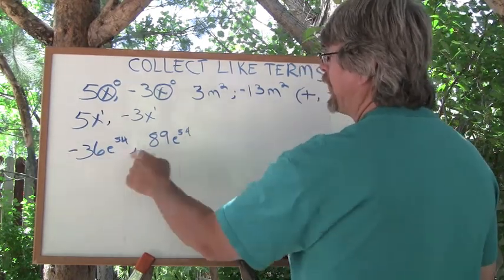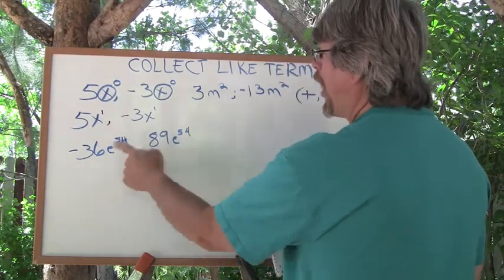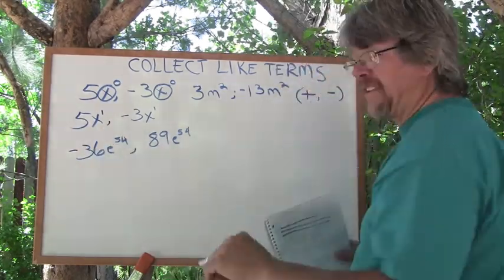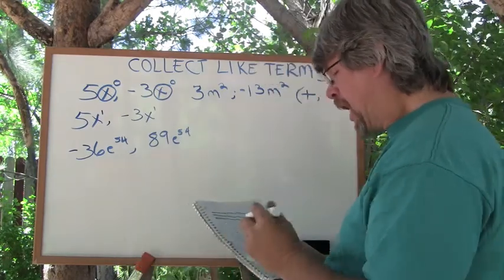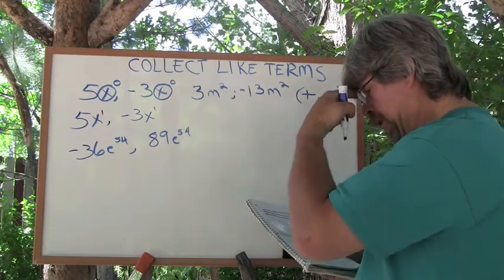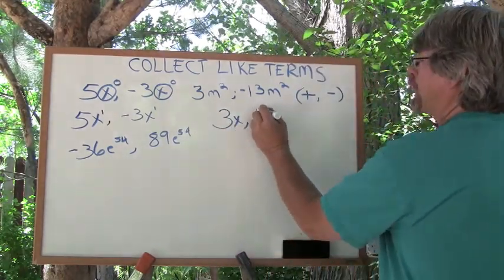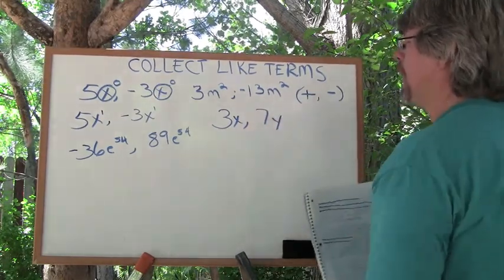Not whether it's negative, not whether it's positive. Not whether this is a huge number or a small number, etc. No, that has nothing to do with like terms. I'm going to emphasize this because it's so important if we're going to add and subtract correctly.